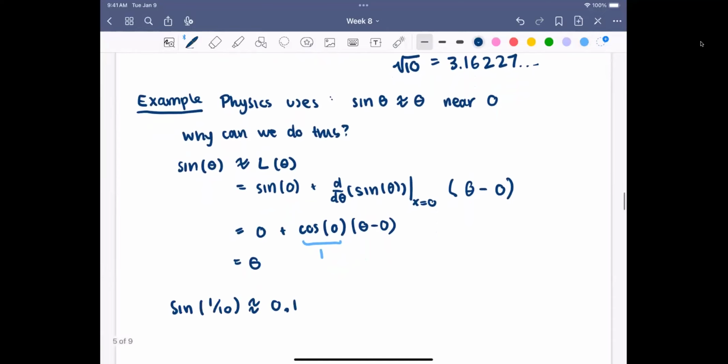And the actual sine of 1/10 is equal to 0.0998, and then some more decimals. So again, it's pretty good. It disagrees with this decimal, but if you were to truncate this and round it, you would get 0.1. So pretty good.